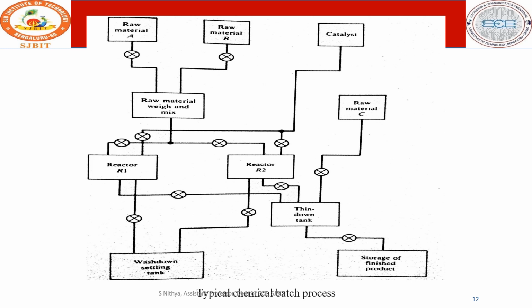When the sequence of operations becomes more complex, we have to take complex decisions to begin the sequence. Those complex decisions can be initiated either by the human operator or by a computer programmed to supervise the operations, right? So this is all about sequence control.